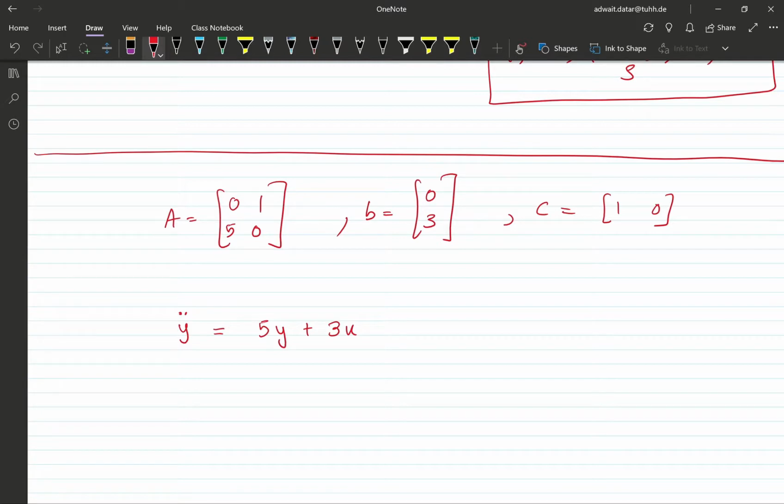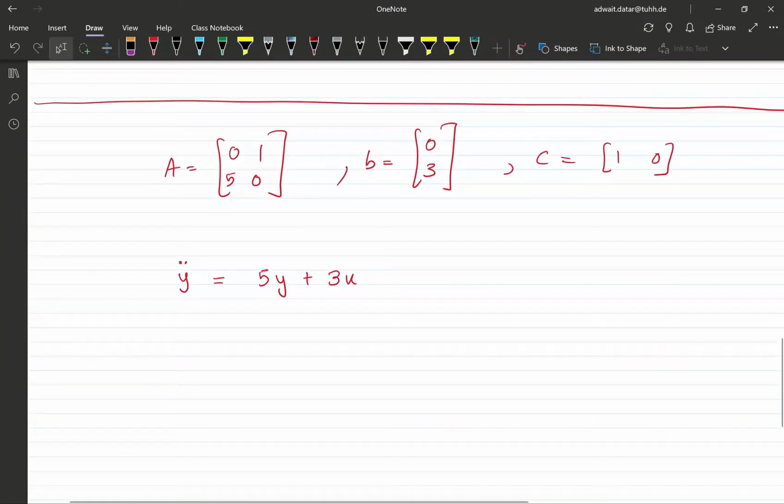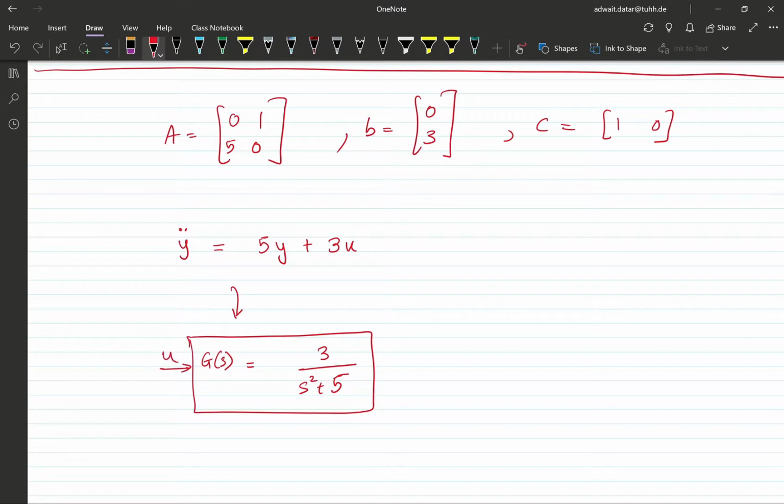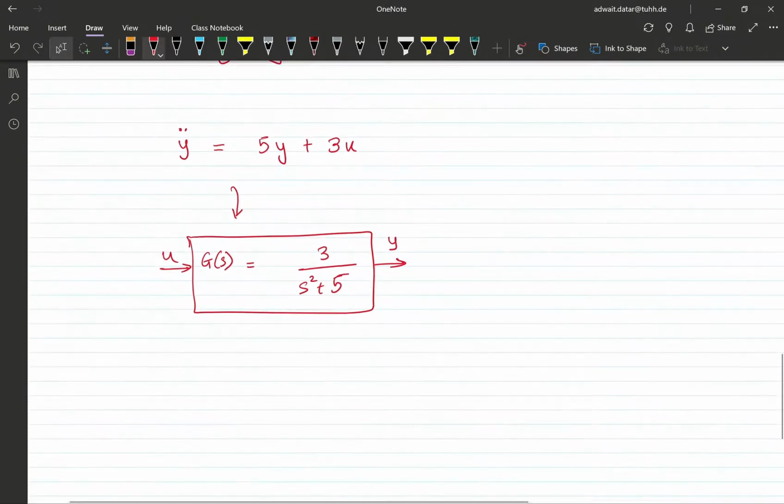You can check that this is true, and now we can just calculate the transfer function from here as G of s given by 3 over s squared plus 5. So this means that P of s is 3 and A of s is s squared plus 5.